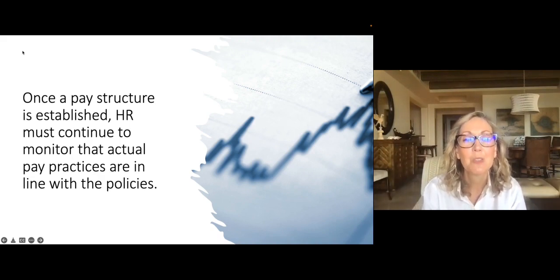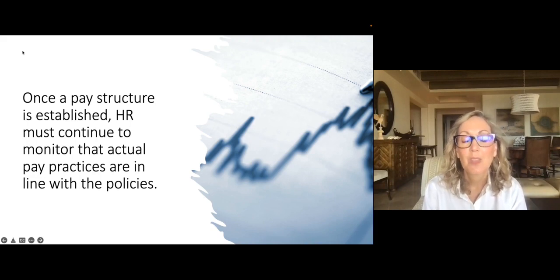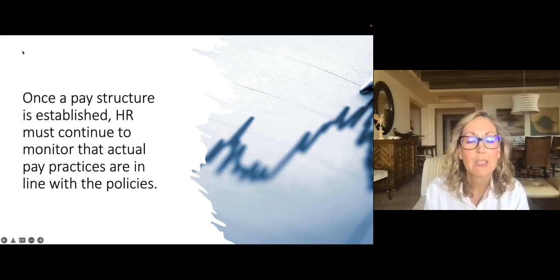So HR has this difficult job, and this is one of the reasons why people who aren't in HR complain about HR and say, oh, they make it so difficult, they make it so hard. They are in this difficult position of trying to create a structure and hold people accountable to staying within that structure, while also not being the police and saying you can't do what you need to do to get the work done.